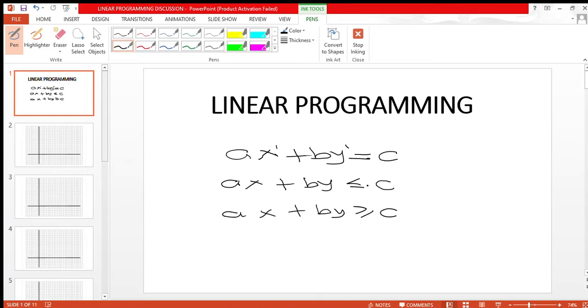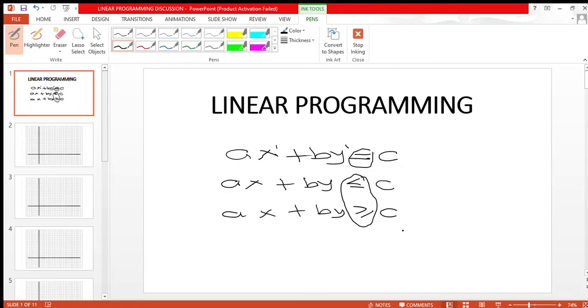And also, in the applications later on, you will find that one limitation of linear programming problems is that the expressions involved will either be an equation or these types of inequalities, less than or equal, greater or equal.